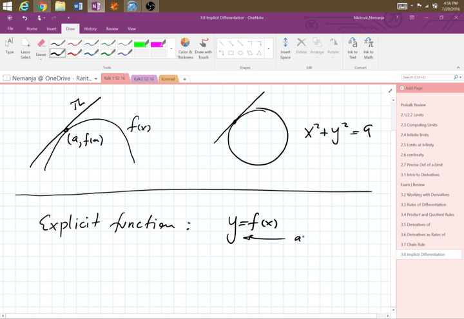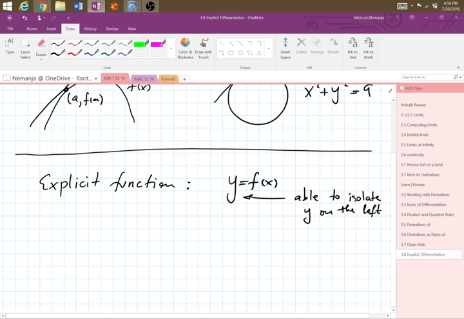So I'm just going to put able to isolate y on the left. So that will be explicit function.